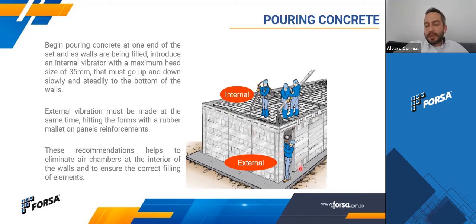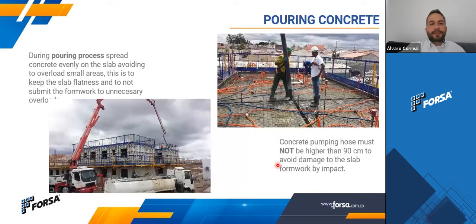Some other workers do external vibration with rubber mallets, and they must punch the formworks at these reinforcements that we see here, not on the contact face, because they can deform it. But these reinforcements are designed for that purpose also.